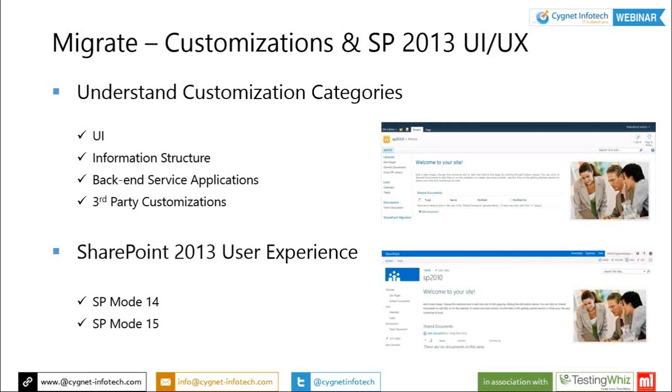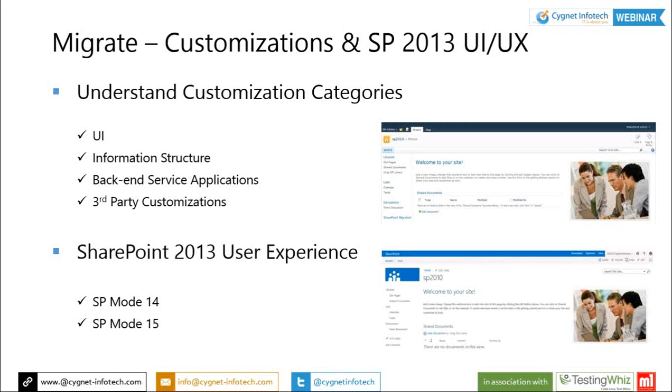And in terms of third-party customization, it is very important that you ask your vendor, whoever provided you the third-party customizations for SharePoint, that they are compatible and work with SharePoint 2013. Otherwise those components are not going to work anymore, and you may have to redevelop them from scratch.